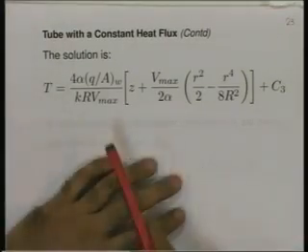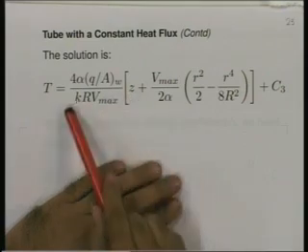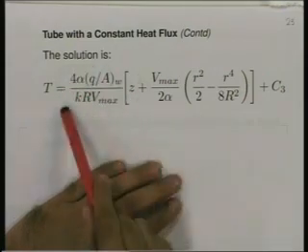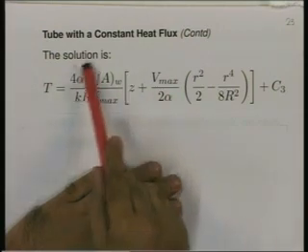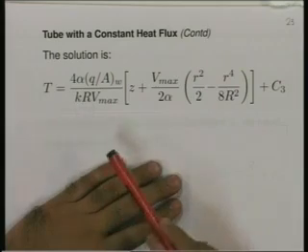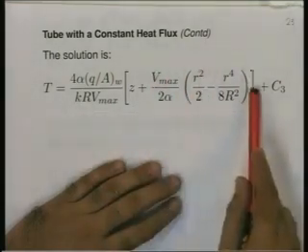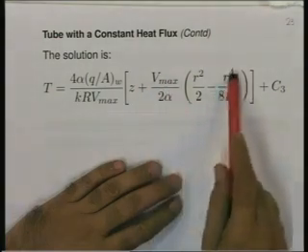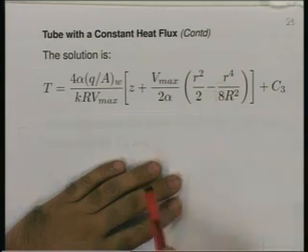Notice that it depends on the heat flux. There is a term which says part of the temperature is linearly increasing with z. So, this is the C1 into z term. This is the effect of the radius r. So, this is that f of r which we talked about earlier.